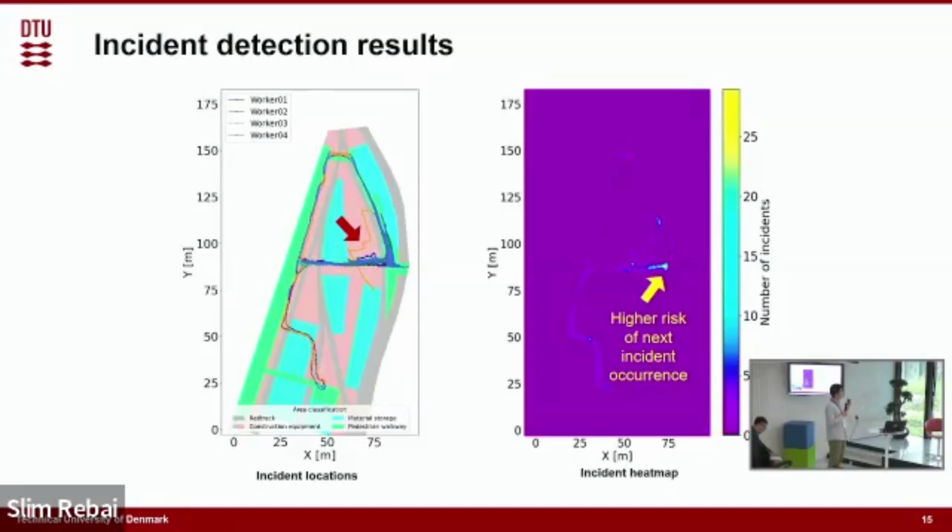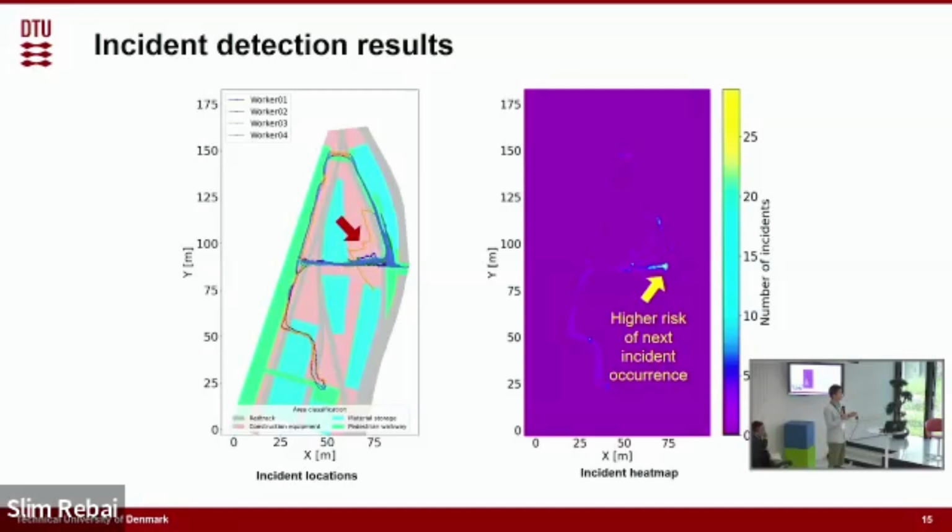And for Walker 2, who has the most incidents, the most common incident type is deviation from the safety path. From the heat map, it can also be confirmed, because walkers deviate from the safety path, especially at the corner.